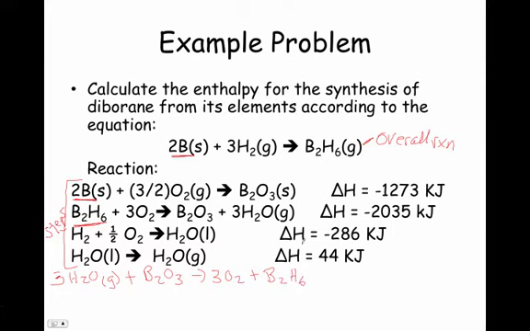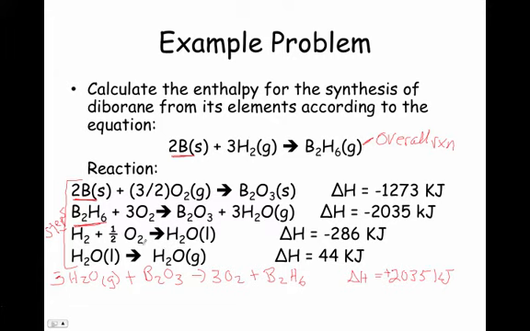Now, the rule said something about when you reverse a reaction, you have to reverse the sign of that as well. So we reverse this step, so we need to reverse the sign of this step. So the delta H of this step, as it is now written, because we did that, is equal to positive 2035 kilojoules.